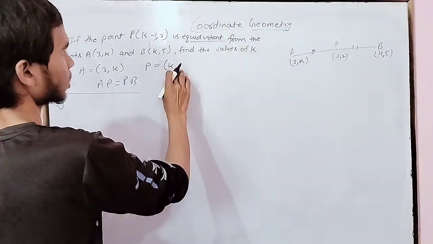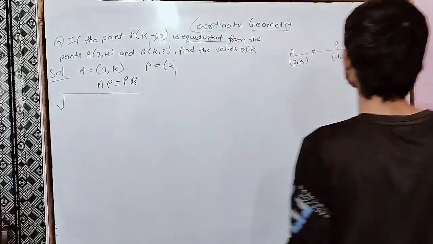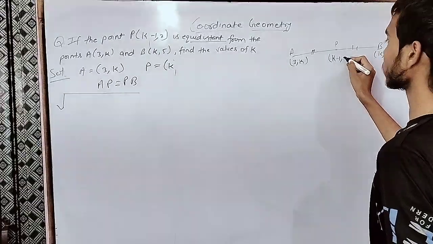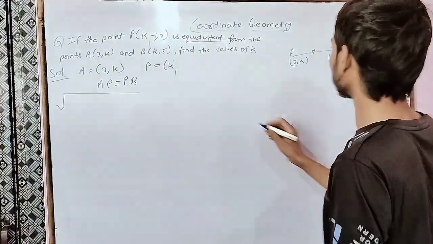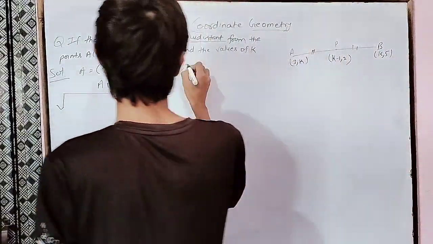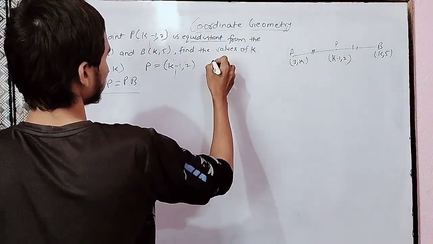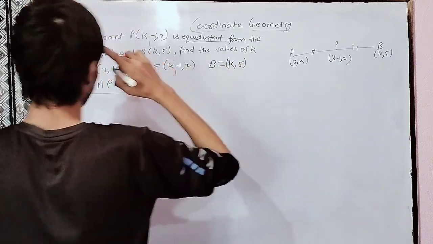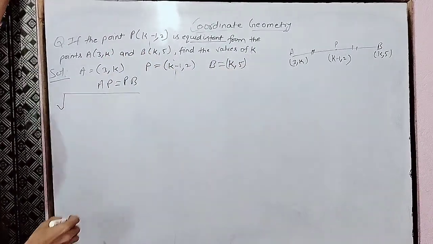P is how much? P is k -1, 2, and K, 5. Now, so here let's start.